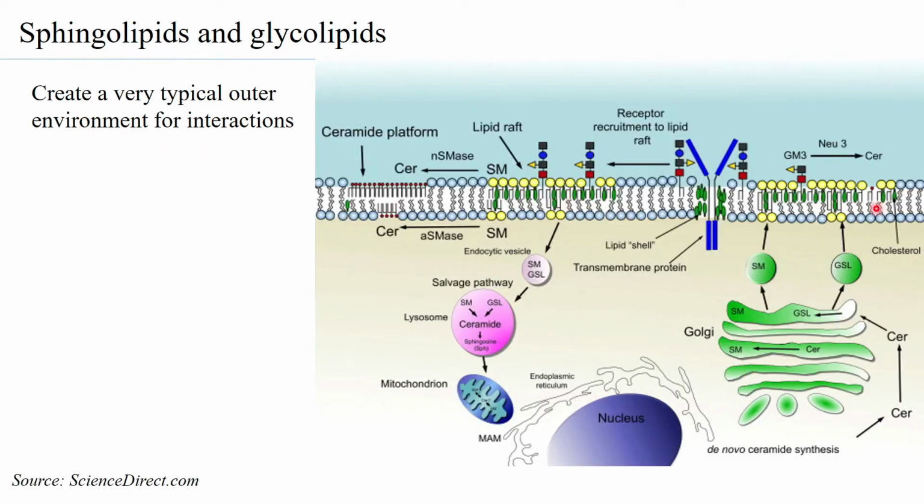Suppose you have this membrane, and in this membrane, you can see how, along with the phospholipids, are present several other components, like for example the sphingomyelin, the ceramides. You have several of the sphingomyelin coming together to form a microdomain.